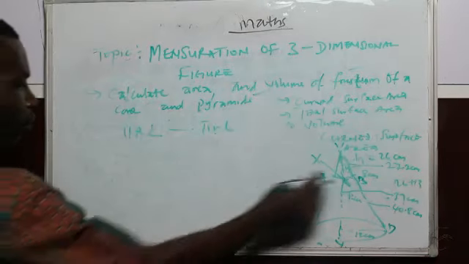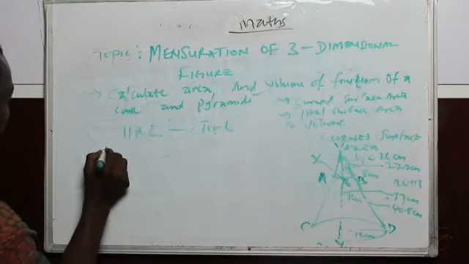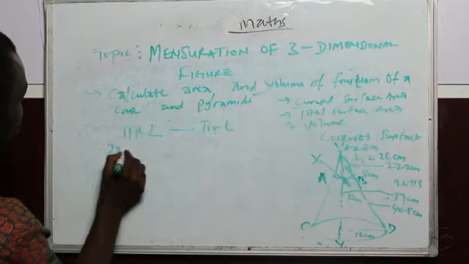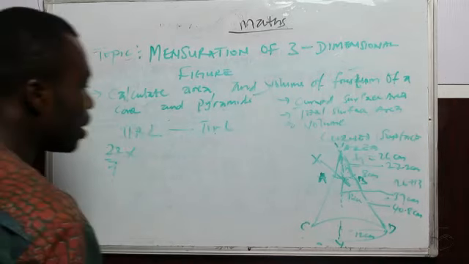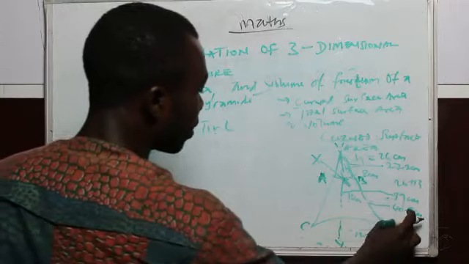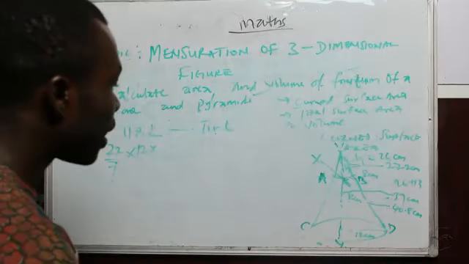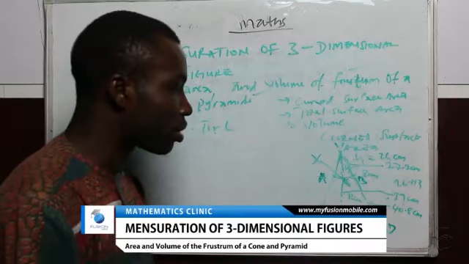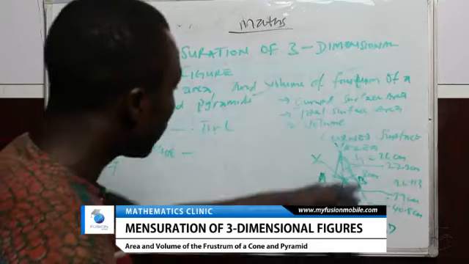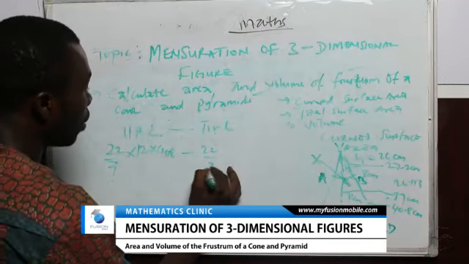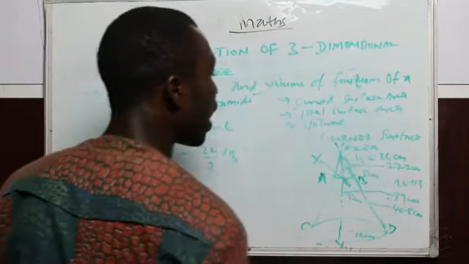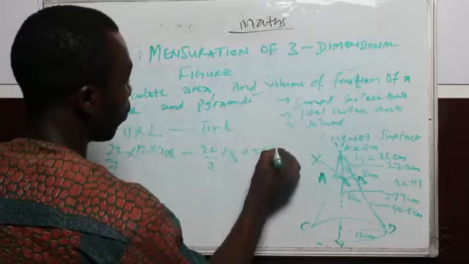Now, for the bigger cone, we have pi to be 22 over 7 times the radius, which is 12, times the slant height that we calculated using Pythagoras theorem, 40.8, minus 22 over 7 times the radius, 8 centimeter from the question, times the slant height 27.2.